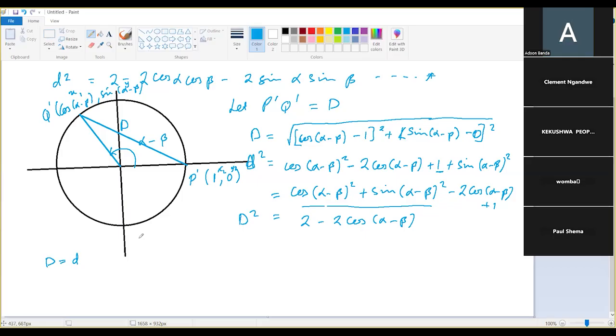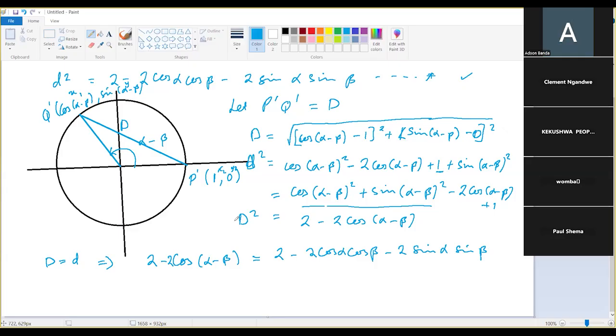So D equal to d means that we must have 2 minus 2 the cosine of alpha minus beta equal to what we got earlier, which is 2 minus 2 cos alpha cos beta minus 2 sine alpha sine beta.